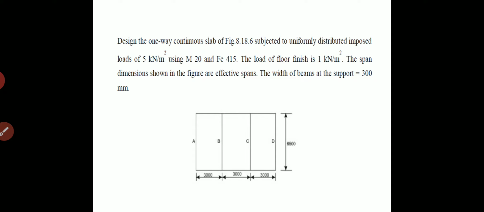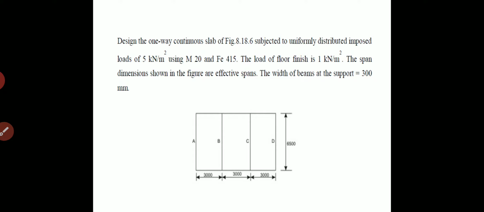The span dimensions shown in the figure are effective spans. The effective width of beams at the support is equal to 300 mm. So this is the diagram of the one-way continuous slab.